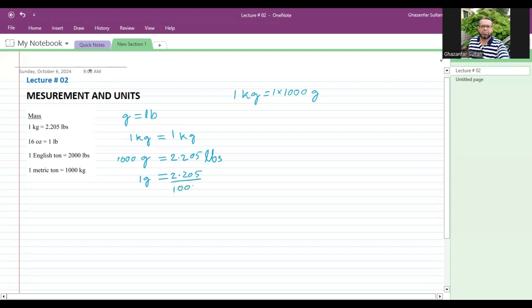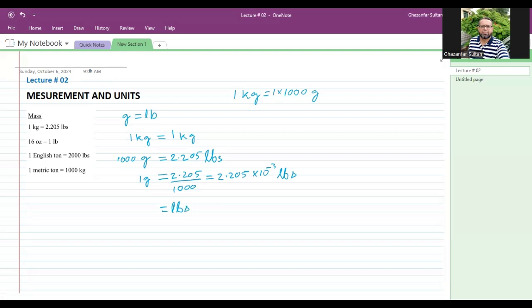Divided by 1,000, it becomes 2.205 into 10 raised to power minus 3 pound. And on the other hand, if you want to know how many grams are there in 1 pound, transfer it to the other side of the arrow. So it becomes 1,000 divided by 2.205 gram.